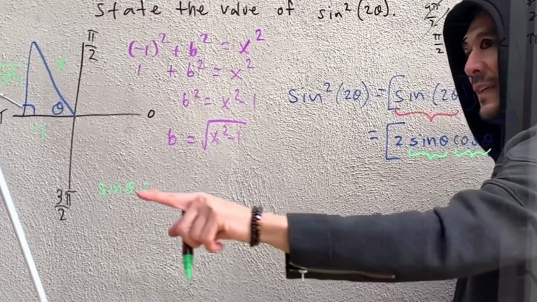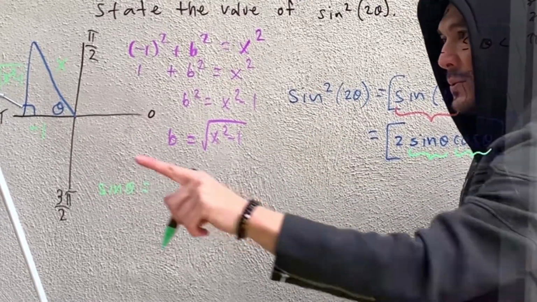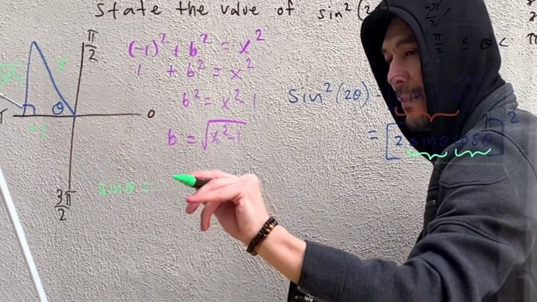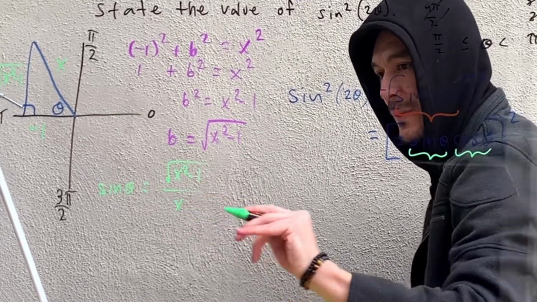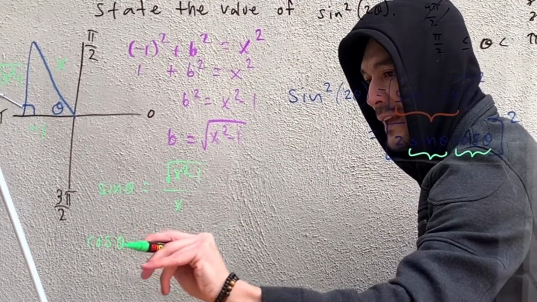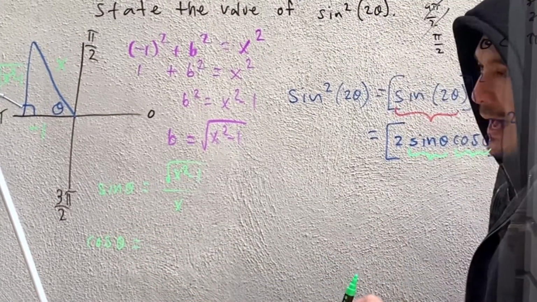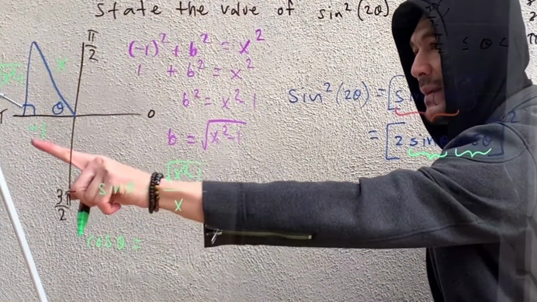Sine of theta, well, theta is right here. Sine is opposite over hypotenuse. So that's opposite over hypotenuse. Something like that. Now, what about cosine? Cosine of theta. Cosine is adjacent over hypotenuse. So that would be this over that.